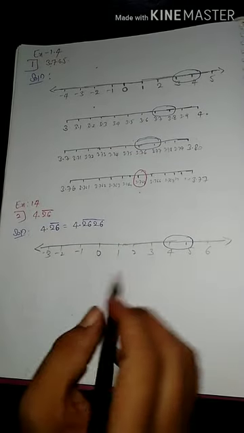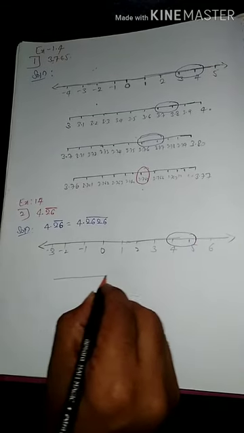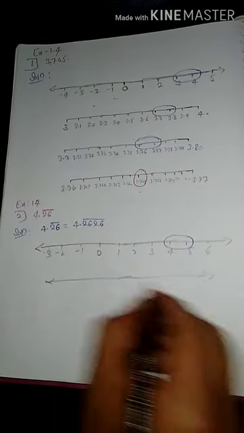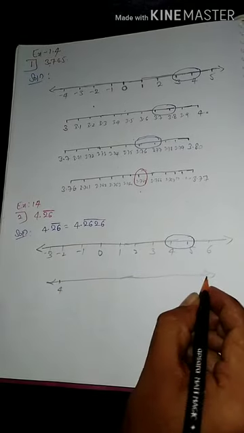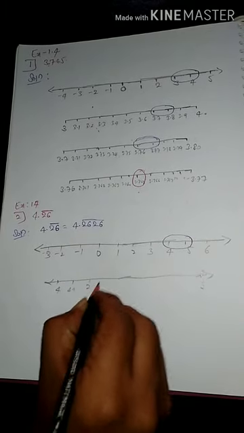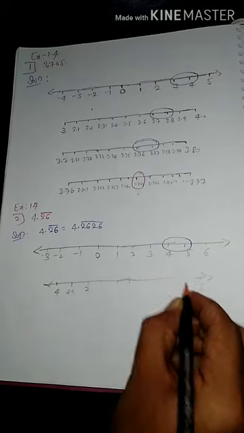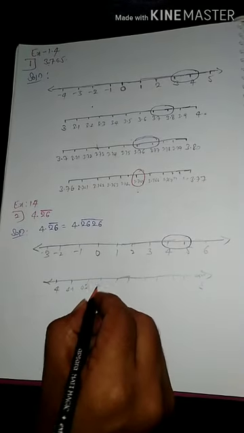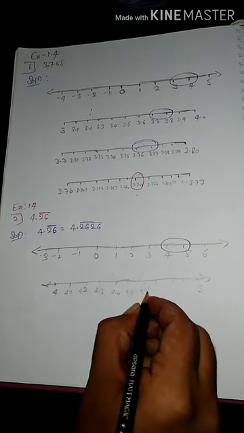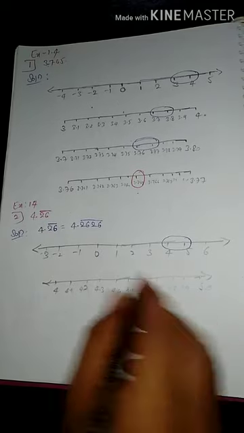And further, 4 and 5 is divided into 10 equal parts: 4.1, 4.2, 4.3, 4.4, 4.5, 4.6, 4.7, 4.8, 4.9, 5.0.